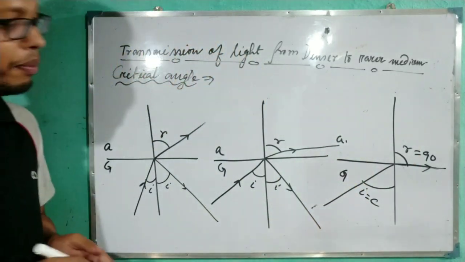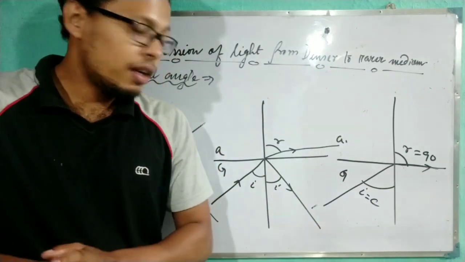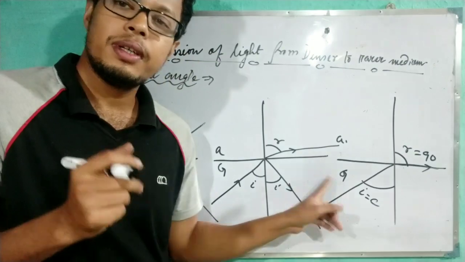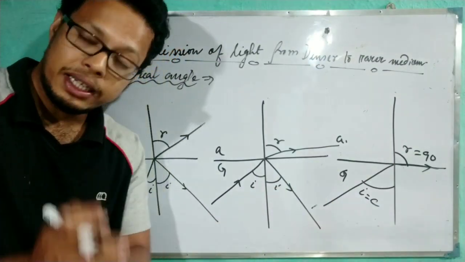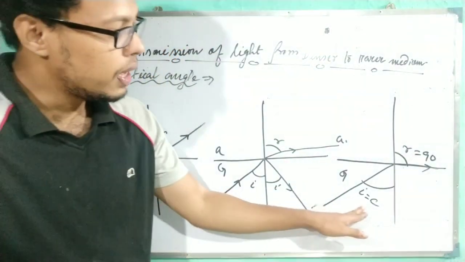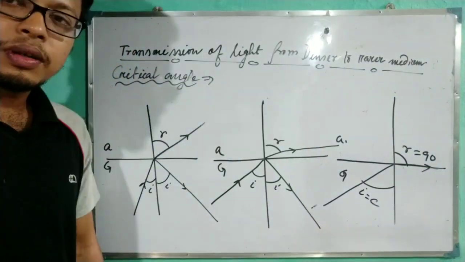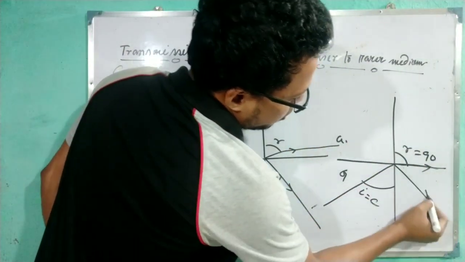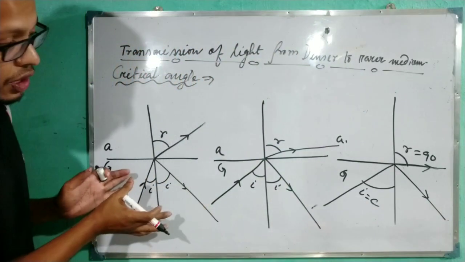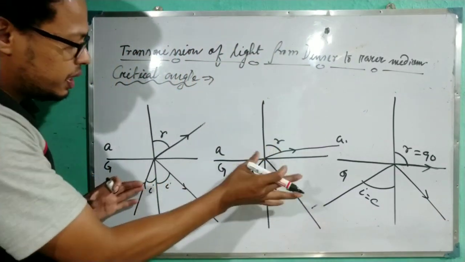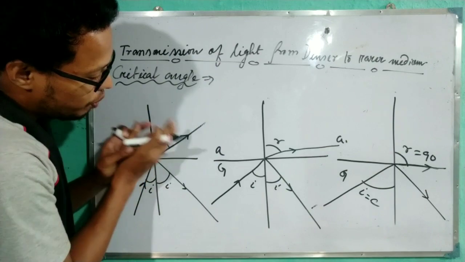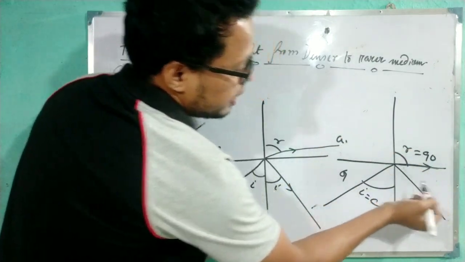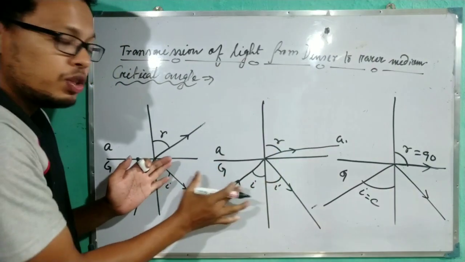So again I am telling, the critical angle is the angle of incidence in the denser medium for which the angle of refraction becomes 90 degrees. That angle is called the critical angle. And there will be the reflected ray also. See, in these three cases, the intensity of light goes on decreasing. Means in this case, the intensity will be less than in these two cases.